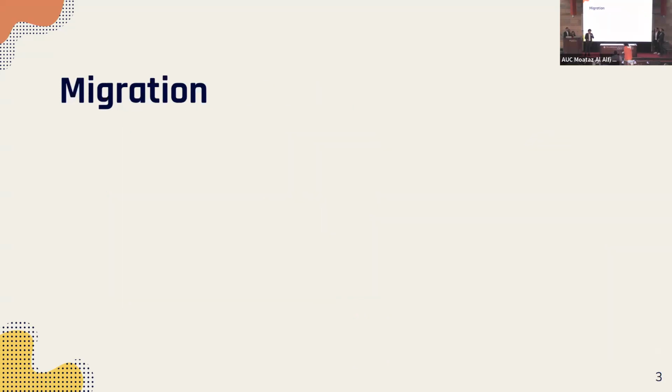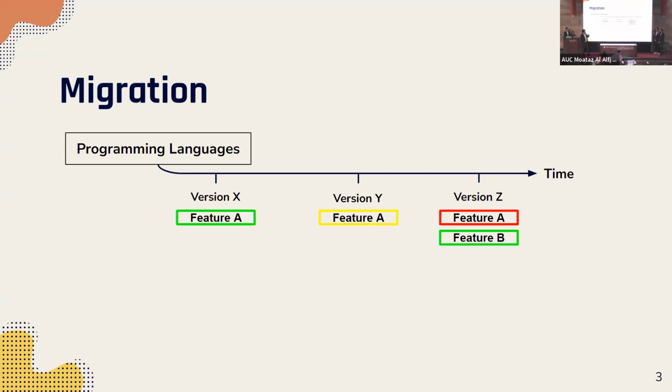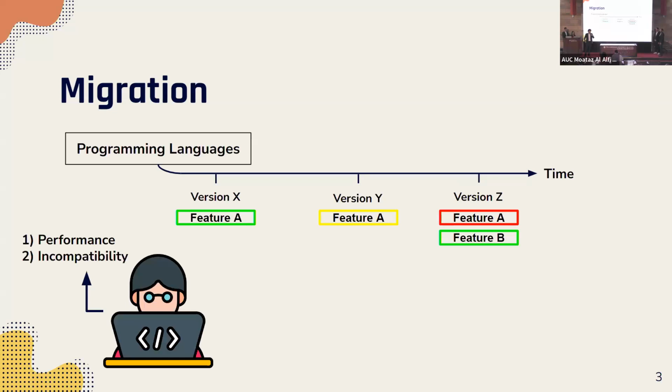After we define the language feature, let's define what the term migration means. As time goes by, a programming language might have versions that are upgrading. In one version, a feature can be upgraded, and in another version, a feature might get deprecated and replaced with another new feature.